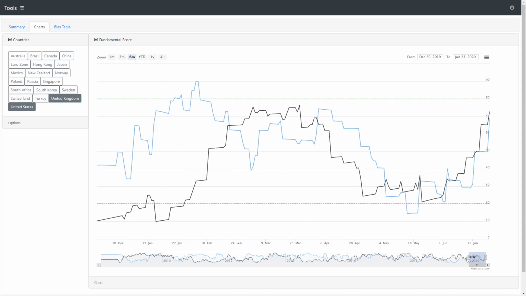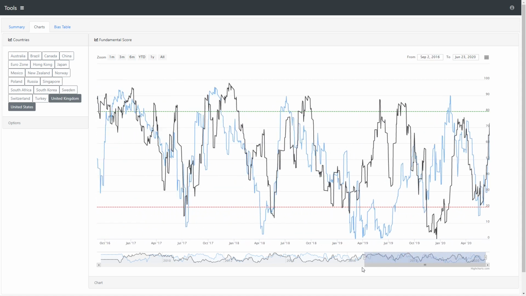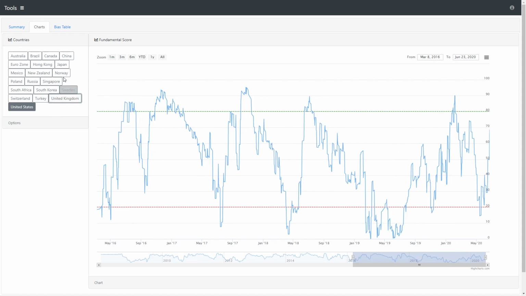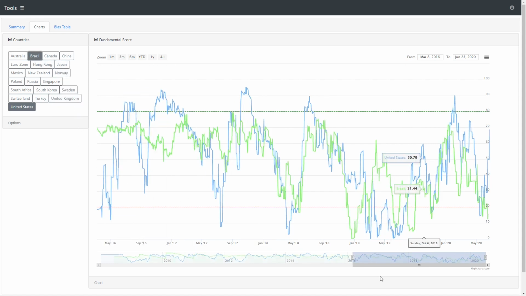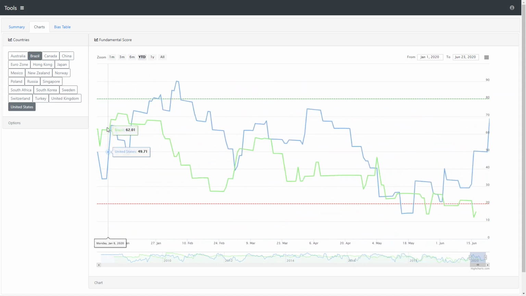One thing that I always say about using tools, economic tools or quant tools, is that we cannot take one thing as a truth. For example, we just saw that United States and Australia gave us a good trade, and maybe this can be true. But take another economy like Brazil. Let's see what happened this year for Brazil.